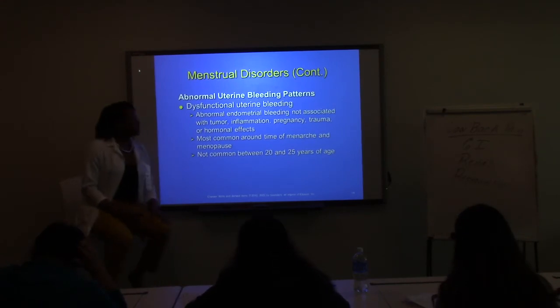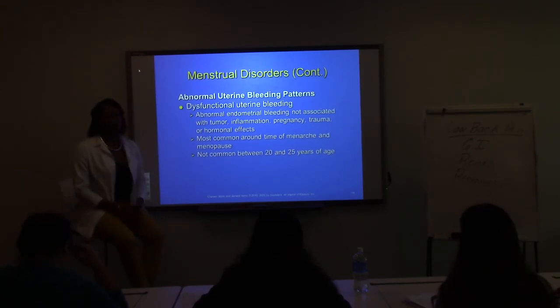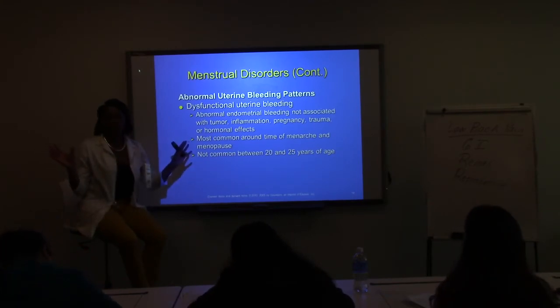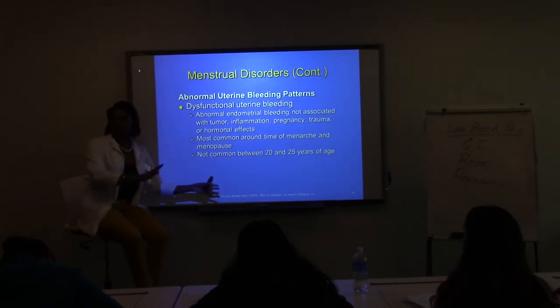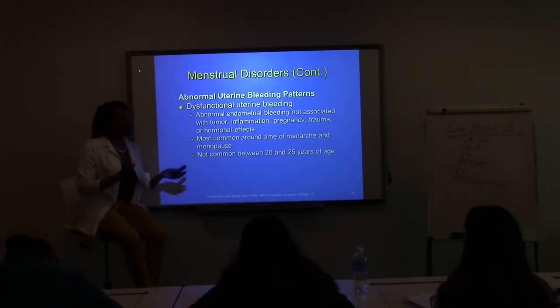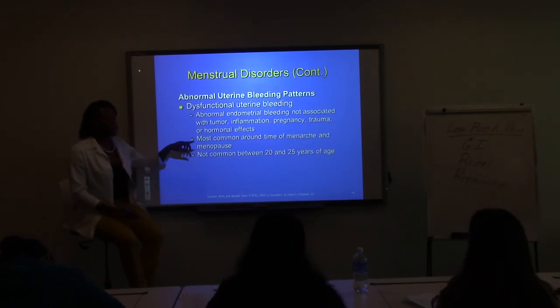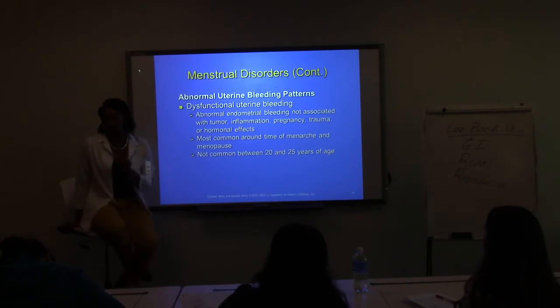Now, this particular term, dysfunctional uterine bleeding, they put in a class all by itself. It has nothing to do with bleeding from a hormonal cause or birth control or anything like that. They believe it falls under two circumstances.